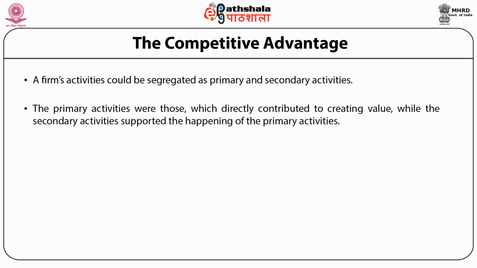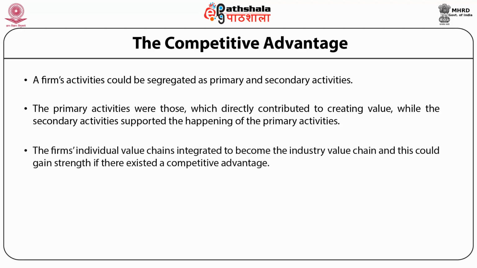The primary activities were those which directly contributed to creating value, while the secondary activities supported the happening of the primary activities. The firm's individual value chain integrated to become the industry value chain, and this could gain strength if there existed a competitive advantage.